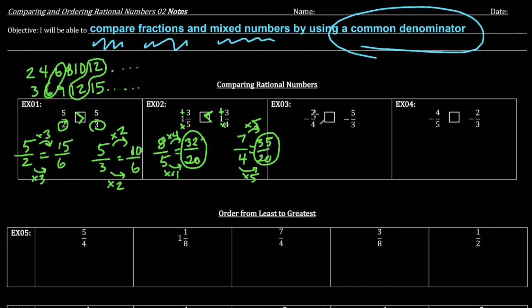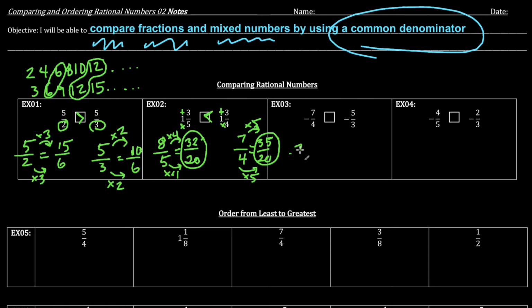Okay, now we have another one, -7/4 and -5 thirds. Ooh, so these are including negatives. So common denominator is looking like it's 12, because 4, 8, 12, 3, 6, 9, 12. 4 times 3 is also 12, so we could use that. Remember, you don't have to use 12. You could use 24. You could use like 30. Any multiple of 4 and 3 will work.